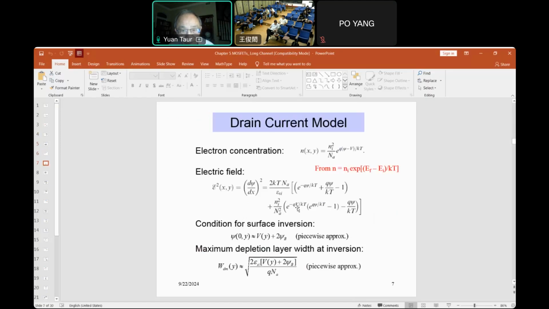V is a function of y, such that the electron density is reduced by this factor, because if you look at it here, n equals the EF, where EF is minus qV. So the higher the voltage, the lower the electron density.